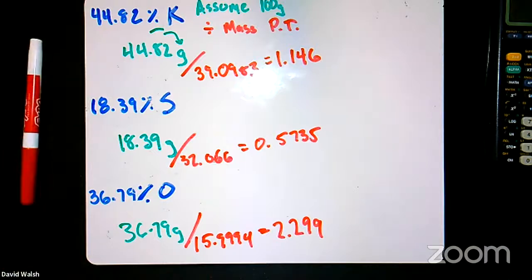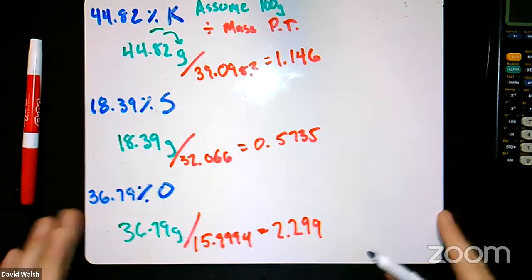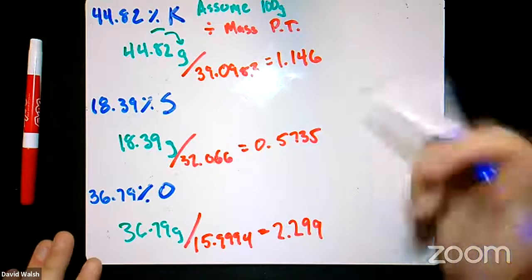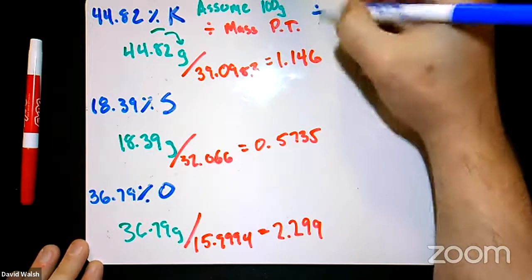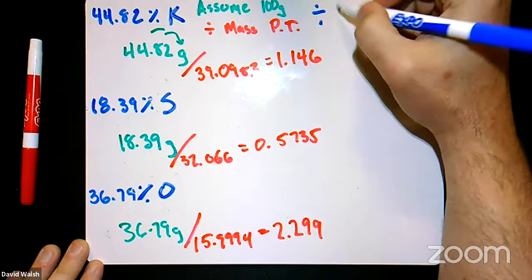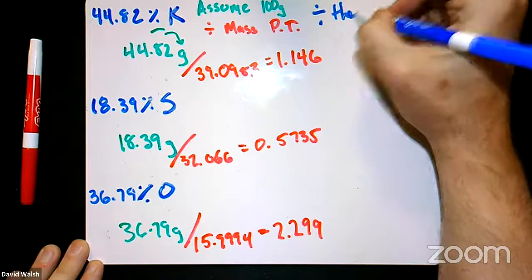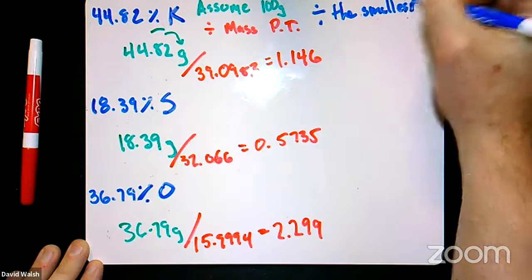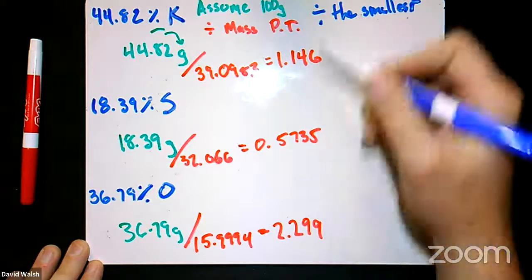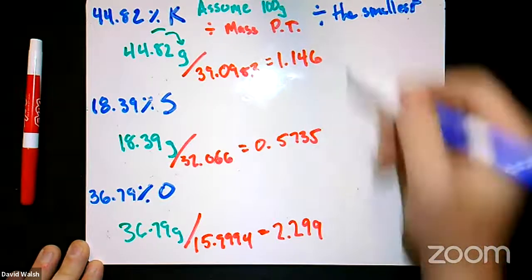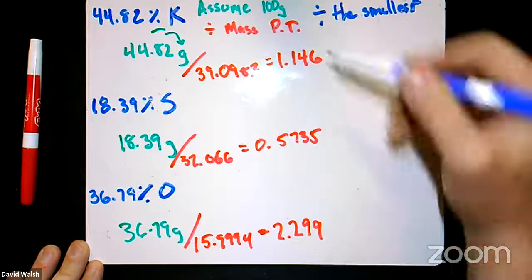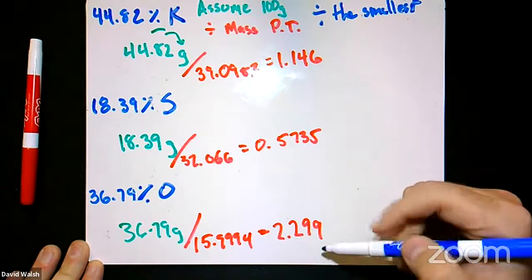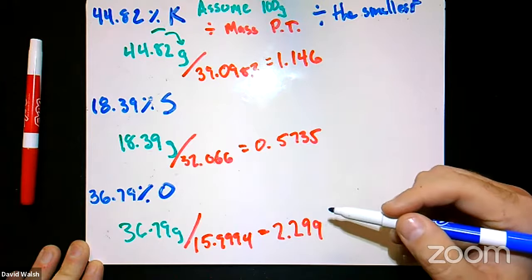The third step, and I'll do this one in blue, is divide by the smallest. Now that we have these three values, we're going to look at the three and choose which one is the smallest.